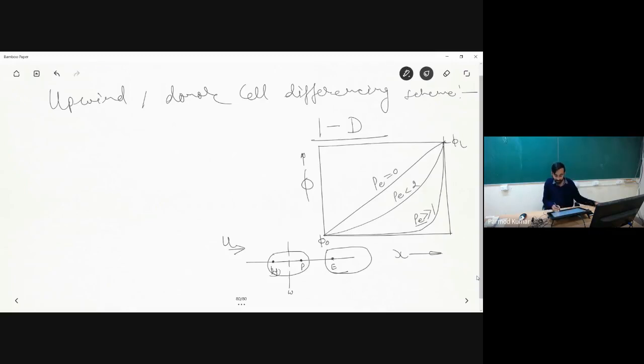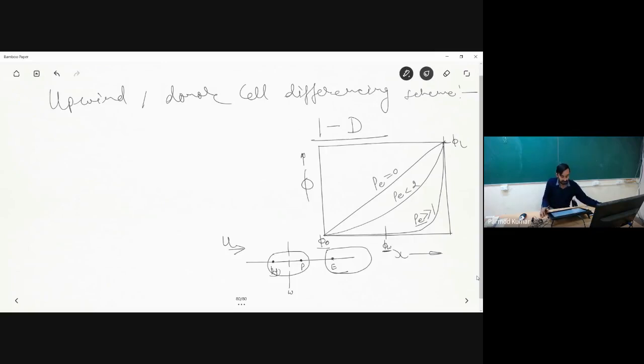So up to a large distance along the length of the domain, we have a value close to phi naught. So when we estimate the fluxes at the faces of our finite sized control volume, while estimating the flux at face W, it is a good approximation to consider a constant value of phi, which is close to the previous node.